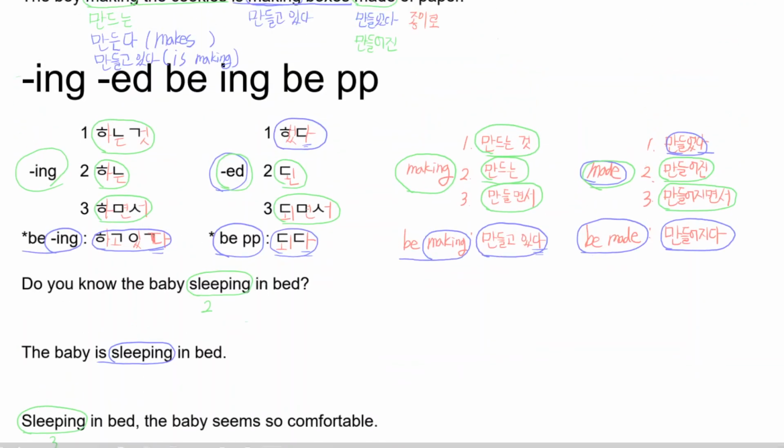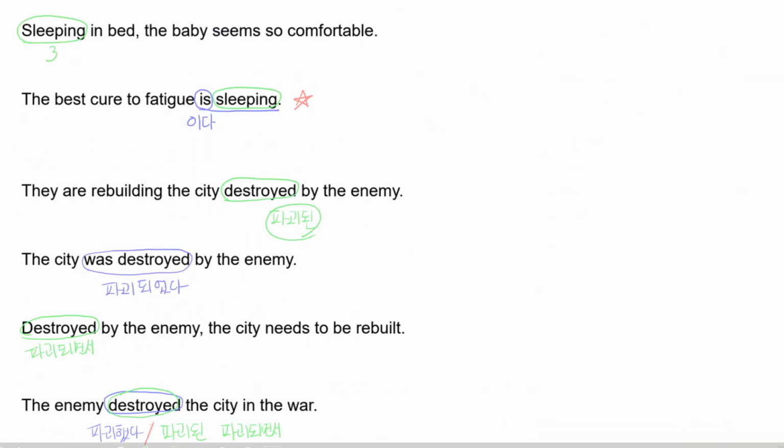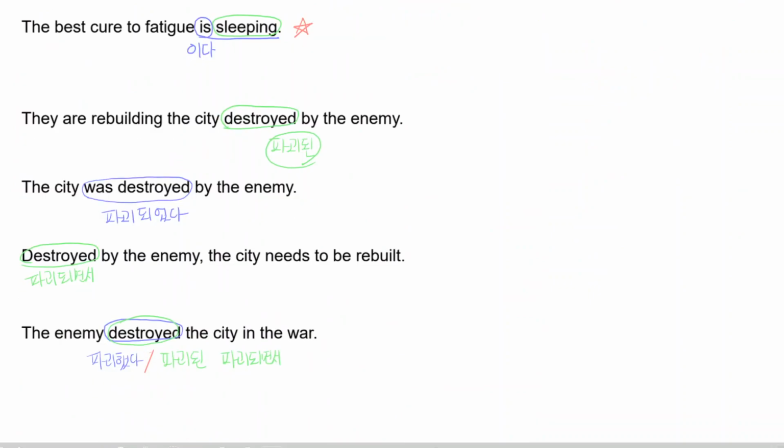As we could see it here, ed could mean one of these three things, right? That's what I did here.